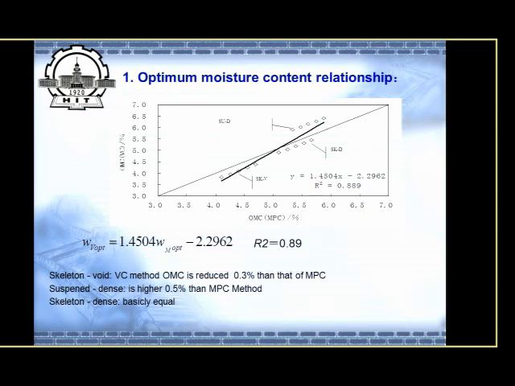For the moisture, we can find the relationship is linear, but it is different for each kind of gradation. When the gradation is a scattering void, the moisture of VC is less than that of MPC, and as the gradation becomes finer, like the suspended dense, it will need more moisture.